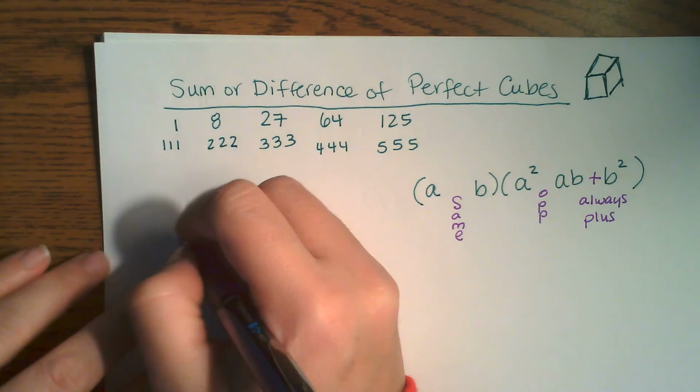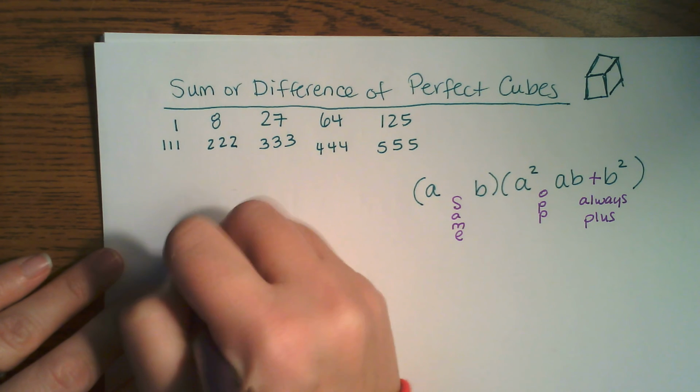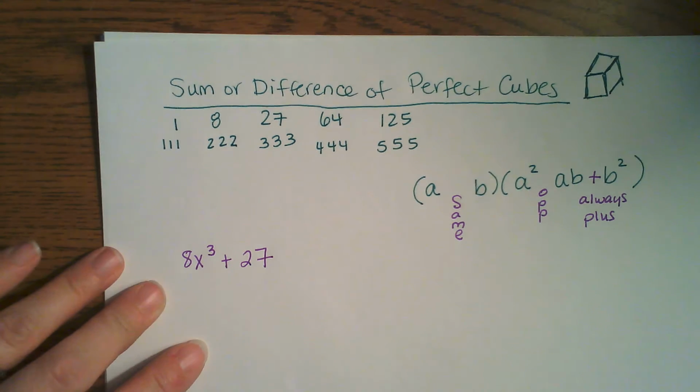So the problems will look like this. Let's say 8x cubed plus 27.